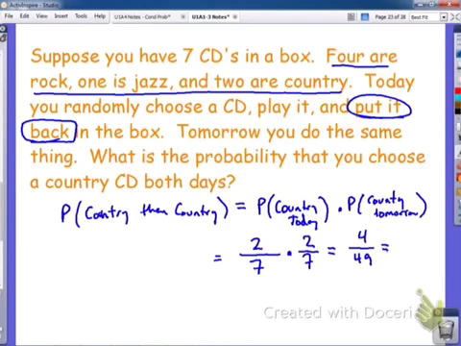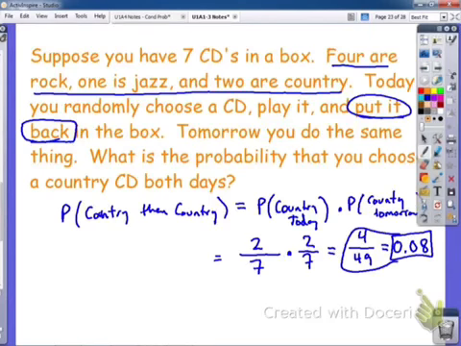What'd you say? 0.08. Does everybody agree with this? Sounds about right. Wait, why is this one a decimal? Well, all of them have been a decimal. Oh, we changed those to fractions. Okay, if you change that to a fraction, you'll get 4 over 49. But why don't you go ahead and do that? Hit math, enter, enter. What does it give you?